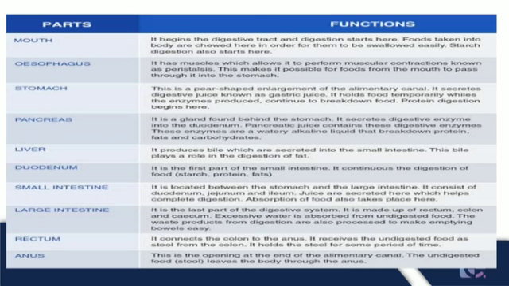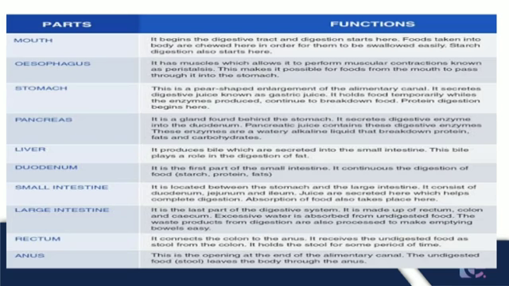Let's check it out. The first one is the mouth. It begins the digestive tract, and the digestion starts here. As I told earlier, the food is taken into the body and chewed here in order to be swallowed easily.